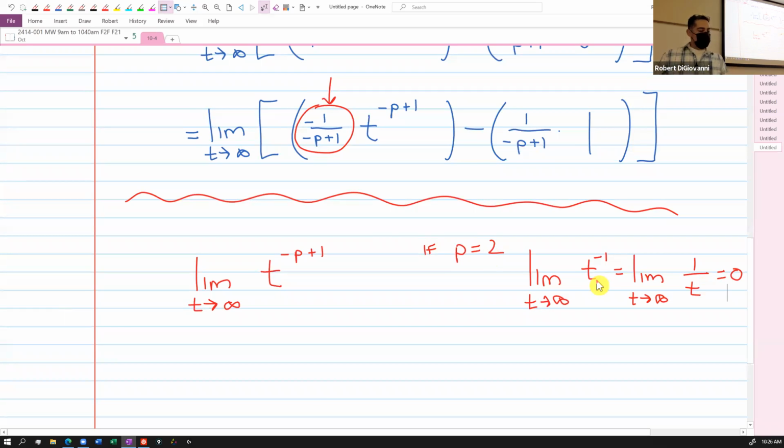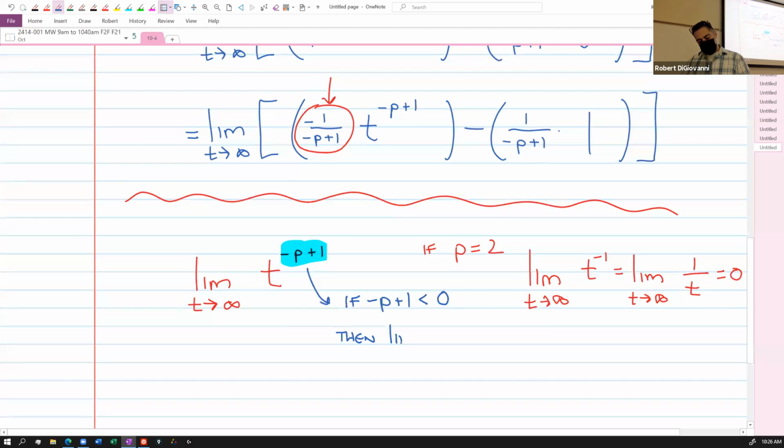So really what's dictating what happens is this right here. If negative p plus 1 turns out to be a negative number, what happens? It'll drop the t to the bottom, then the limit of t to the negative p plus 1 will go to 0.